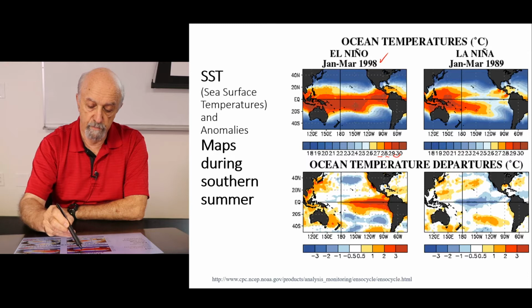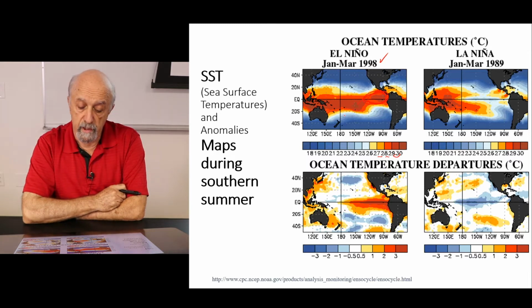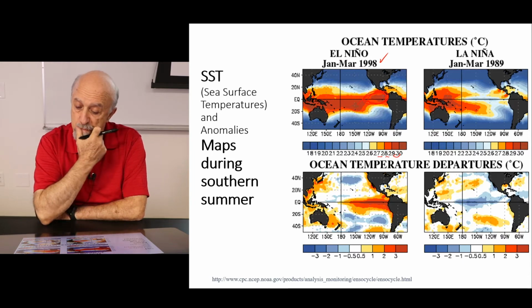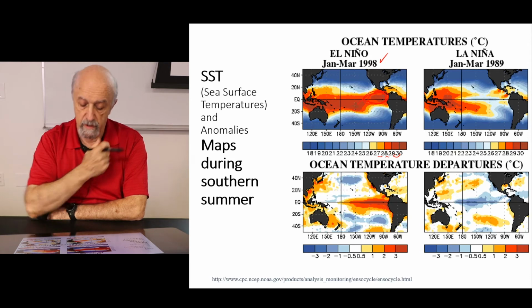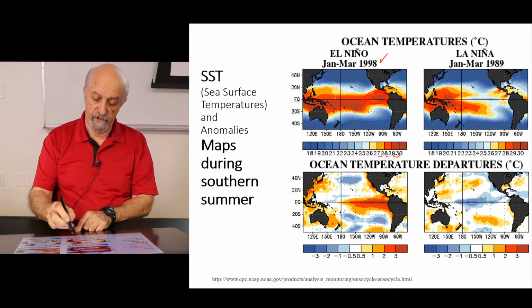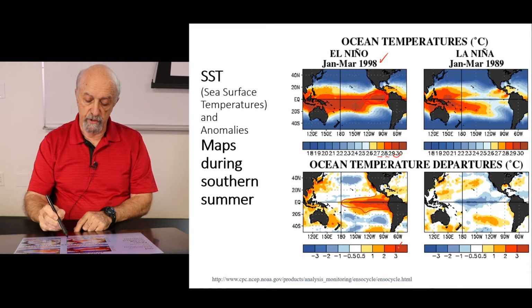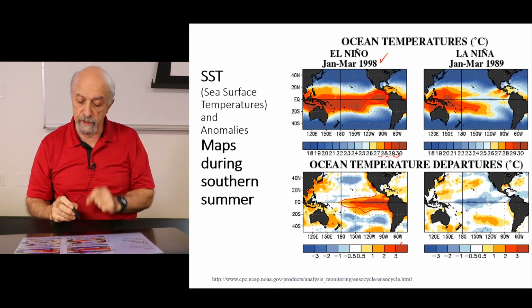So see here a big pool of warm water in the Peruvian coastal area and offshore of Peru. Now this is departures, and it's a little easier to see here. This is away from normal, and we see here it's about 3 to 4 Celsius degrees more.